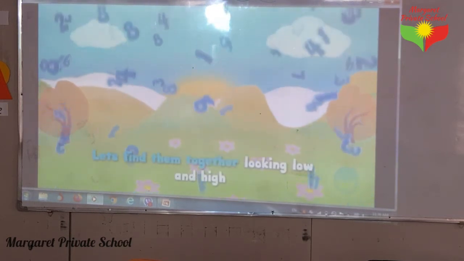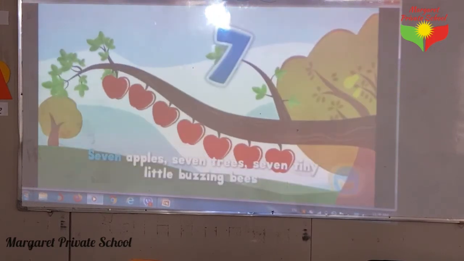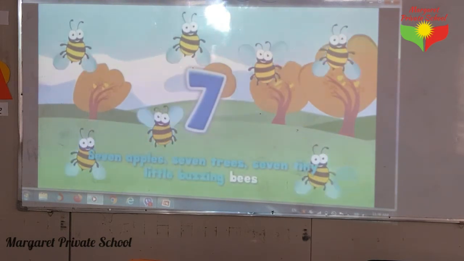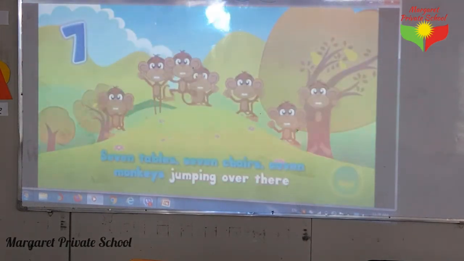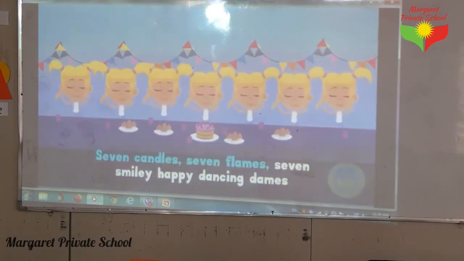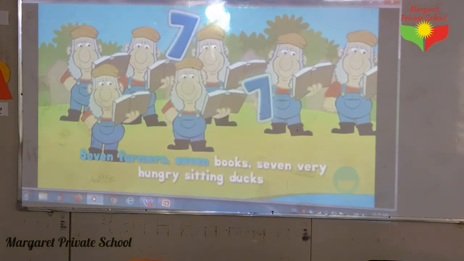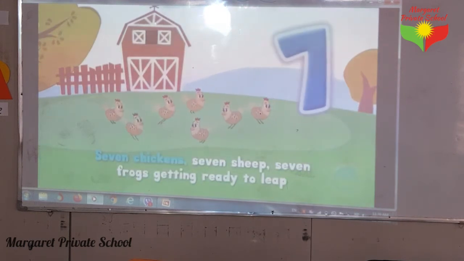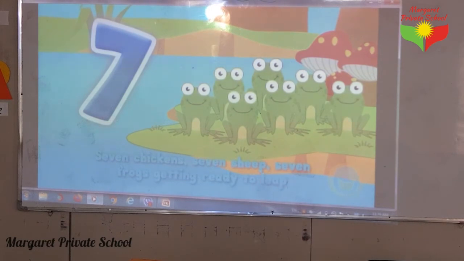Let's find them together, looking low and high. 7 apples, 7 trees, 7 tiny little buzzing bees, 7 tables, 7 chairs, 7 monkeys jumping over there, 7 candles, 7 flames, 7 smiley happy dancing dames, 7 farmers, 7 books, 7 very hungry sitting ducks, 7 chickens, 7 sheep, 7 frogs getting ready to leap.